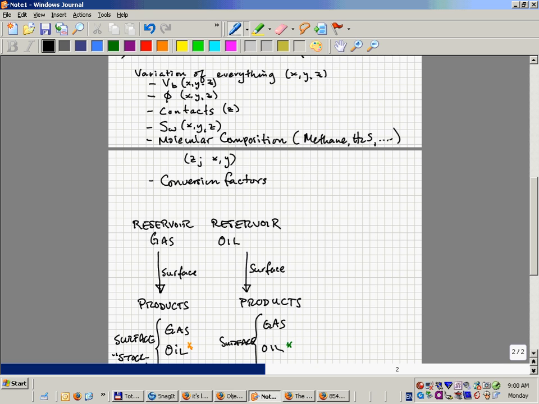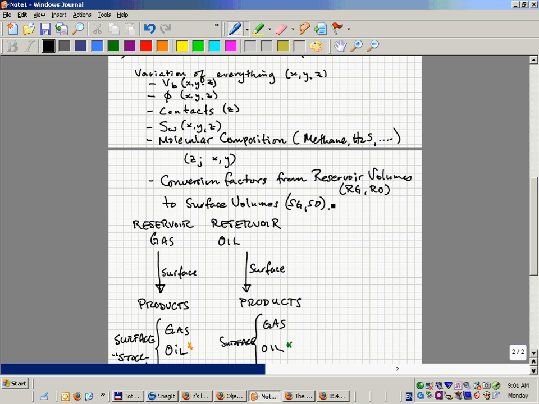What we need are conversion factors from reservoir volumes, reservoir gas and reservoir oil, to surface volumes, SG and SO.